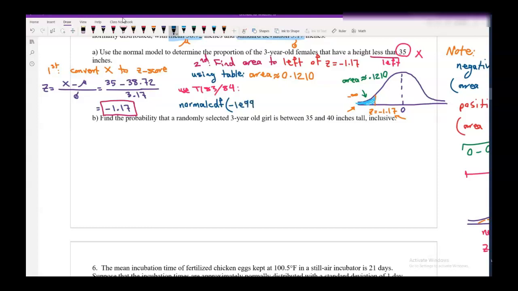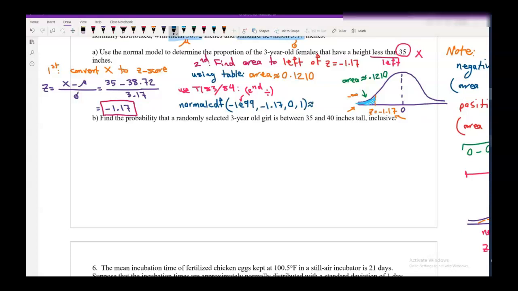To enter this E, press second, then division. So after the comma, we have negative infinity. Here on the right side we have -1.17. Mean is always 0. Standard deviation is always 1.